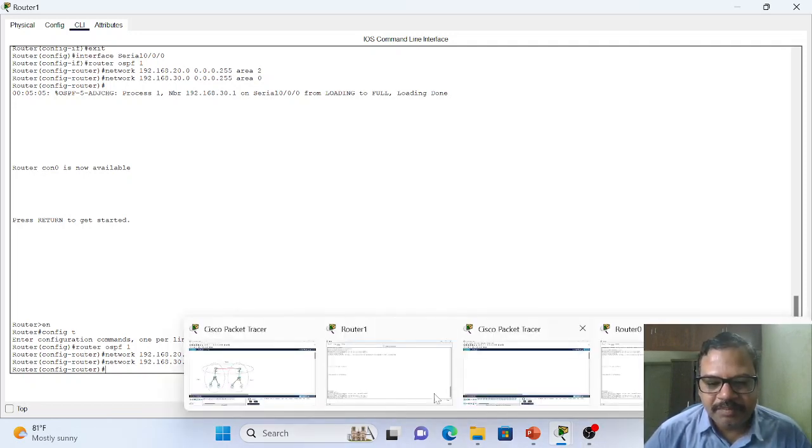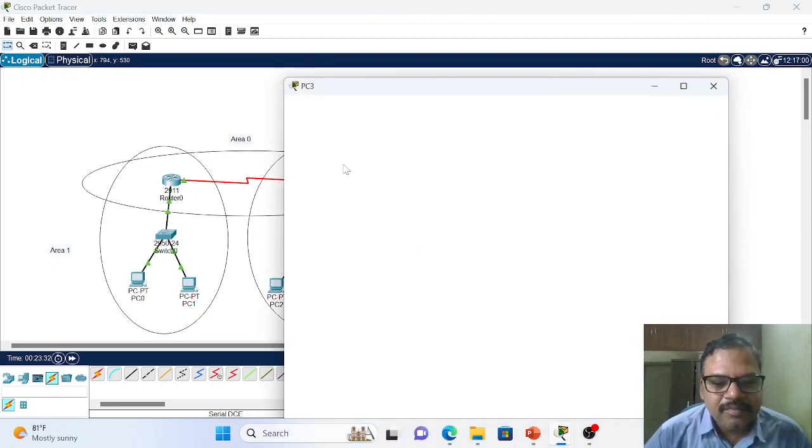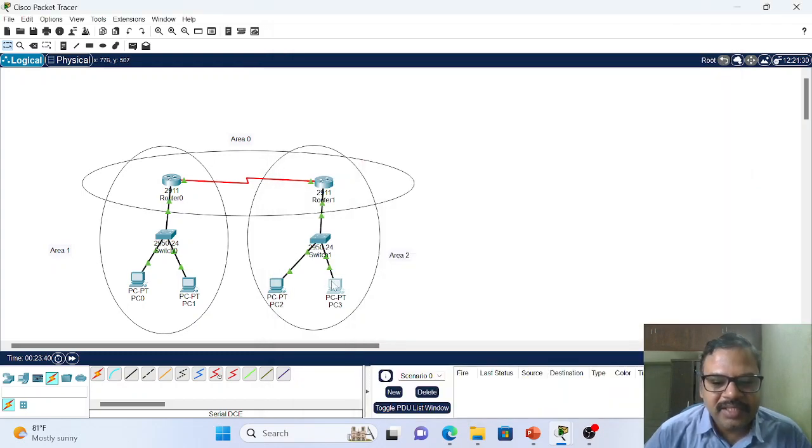Now we may use the ping command to check whether the packet transmission happens using OSPF protocol. Let me take PC3. The PC3 IP is 192.168.20.3. To this PC3, I'm going to send a message from PC0.